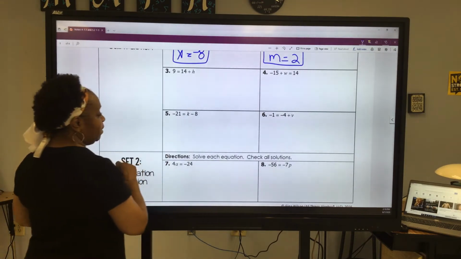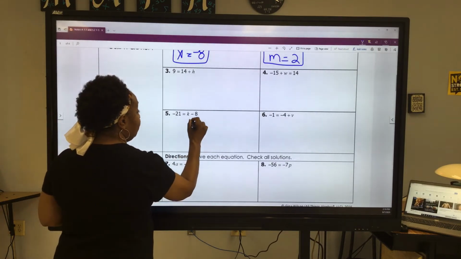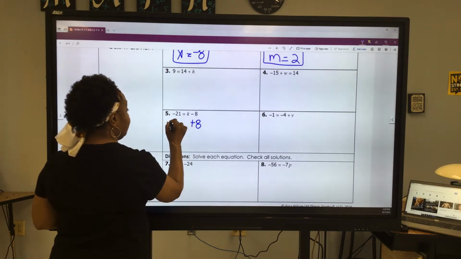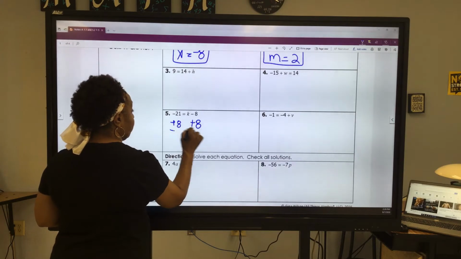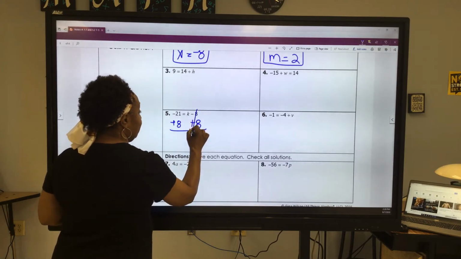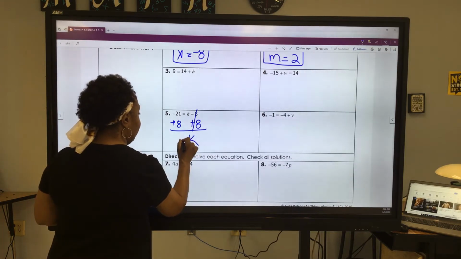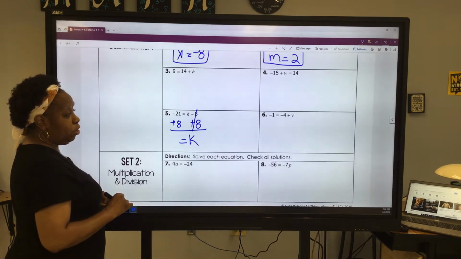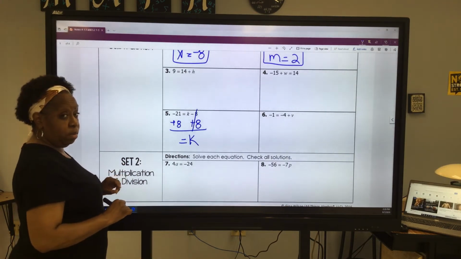So we want k by itself. It has a -8. So to move that, we need to do what? Right. Add the 8 to both sides. We know the -8 and +8 cancel, bringing down a k on the right. -21 plus 8, what is that going to be?